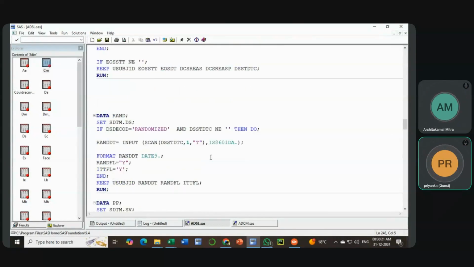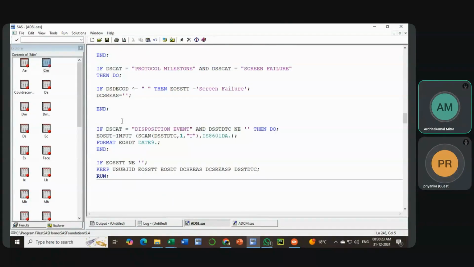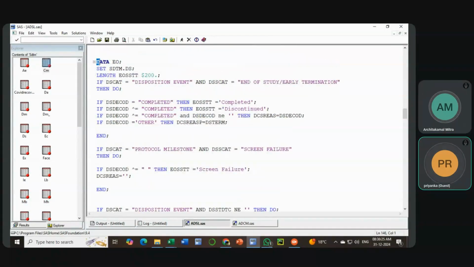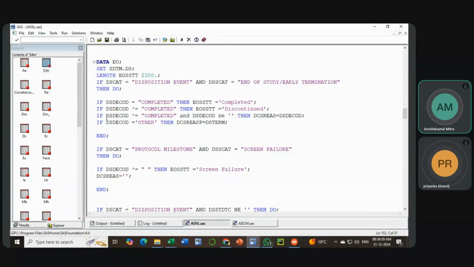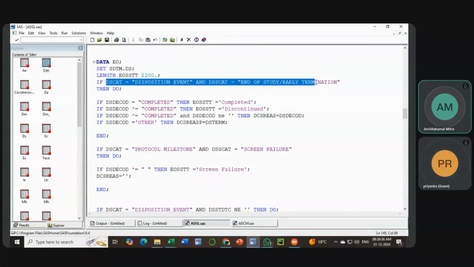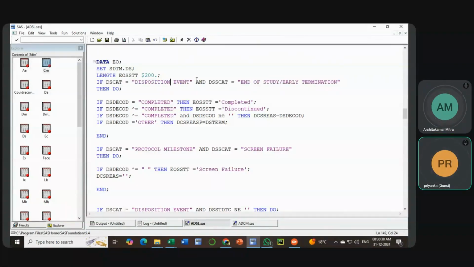So yesterday we finished up till this part. Completed EOSTP is completed, DSD code is not equal to completed. We clubbed this single filter condition where DSCAT is disposition event and DSSCAT is end of study early termination.